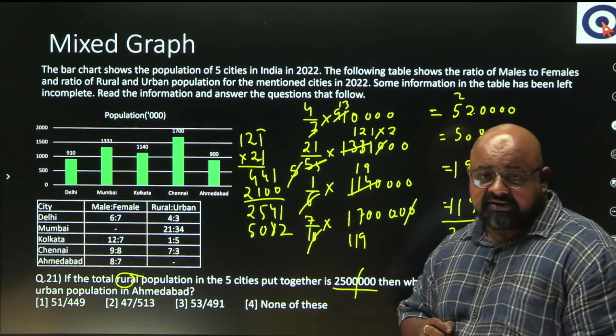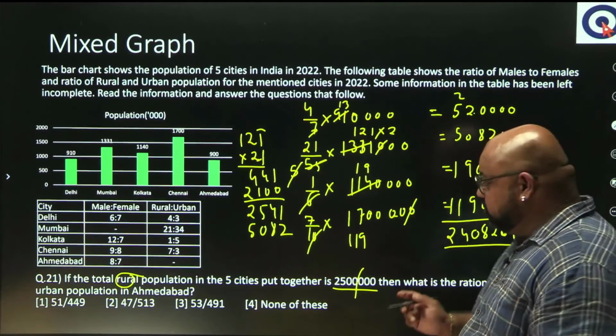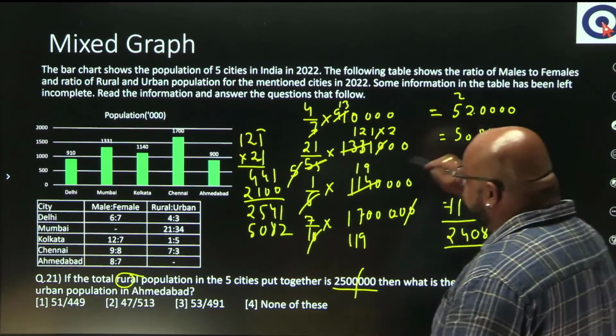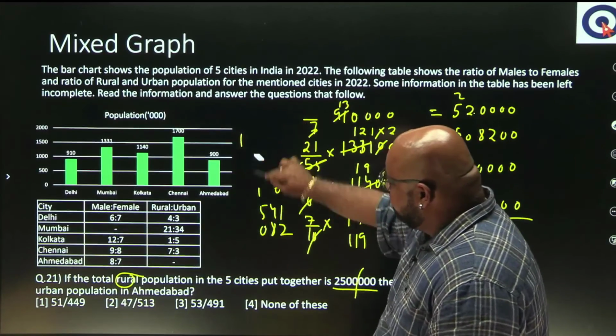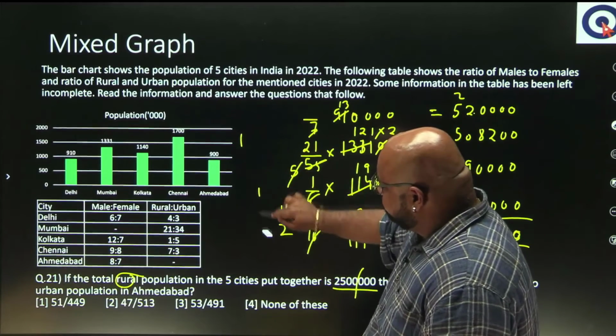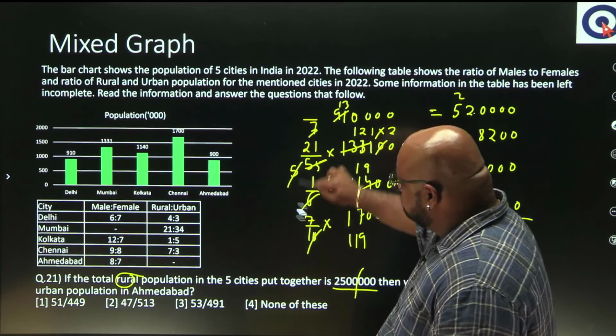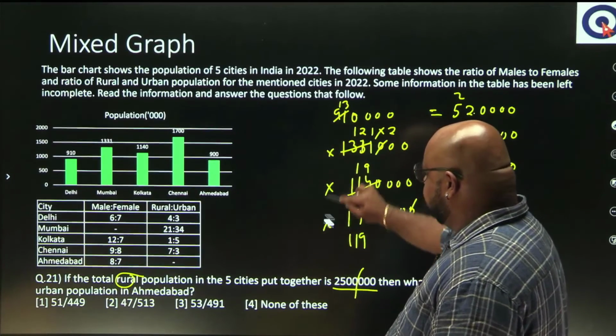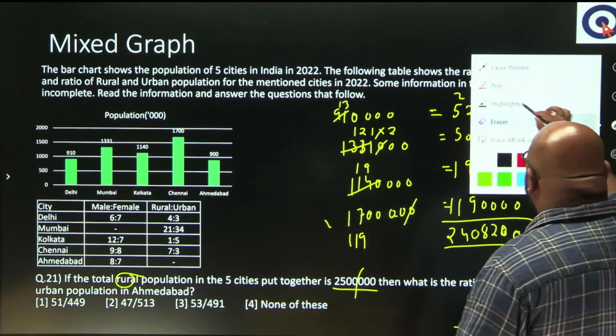Since the total population was 25000, the rural population of Ahmedabad alone then comes out to, just create some space here. See, if you do things आराम से तो ज़्यादा better result आता है.